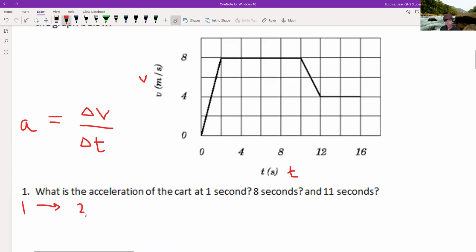So 2 meters per second squared is the acceleration there. The thing I'm looking at says something different, but that's what I see. So what about time equals 8 seconds? Right here, the slope is 0. So 0 meters per second squared.